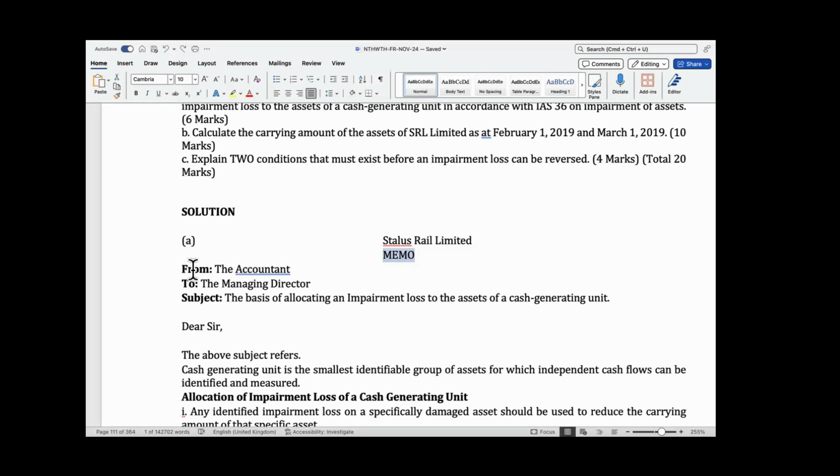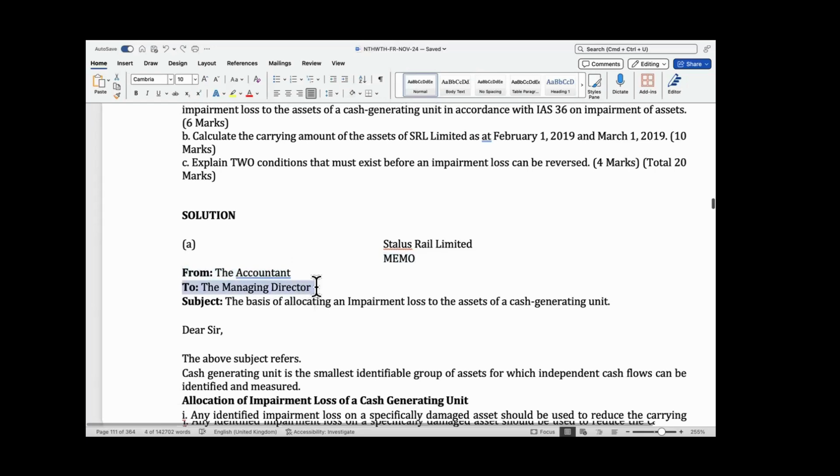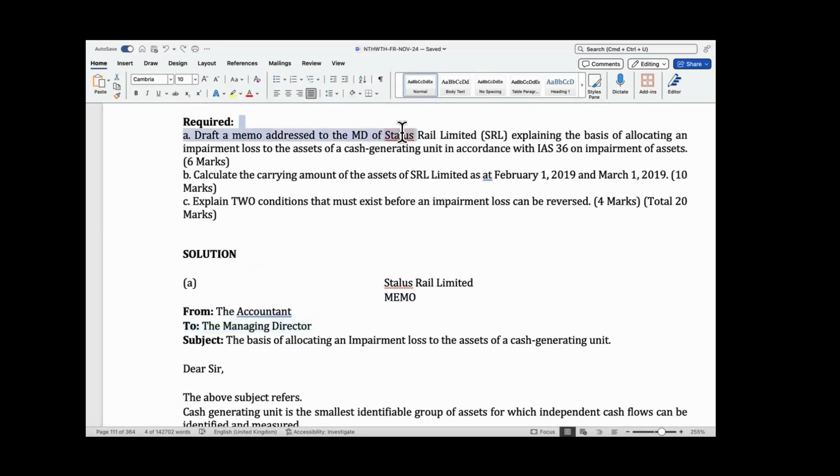Memo, from me, the accountant, to the MD, because the question says address it to the MD. Subject: the basis of allocating an impairment loss to the assets of a CGU.